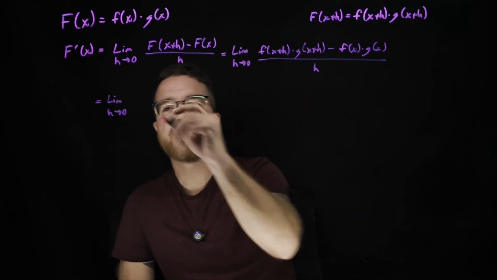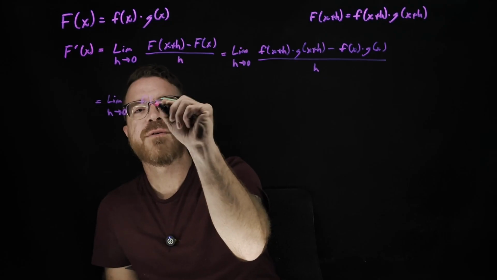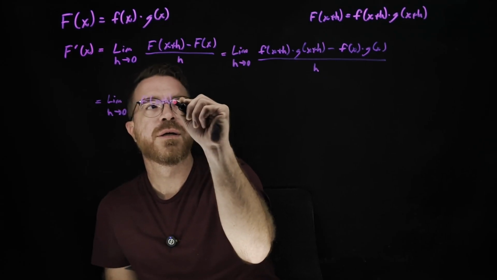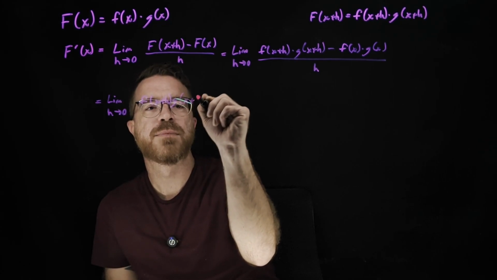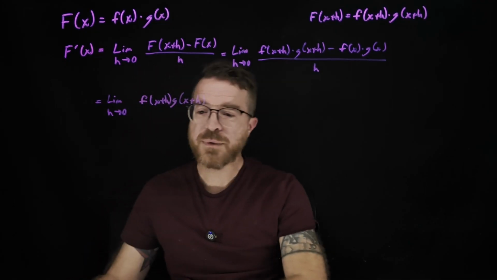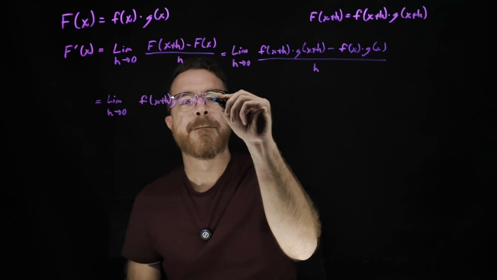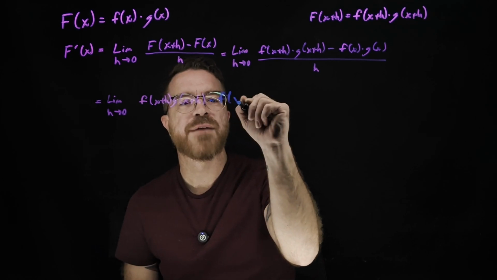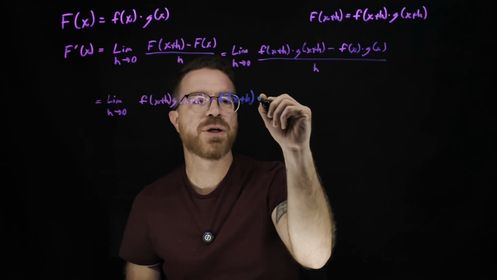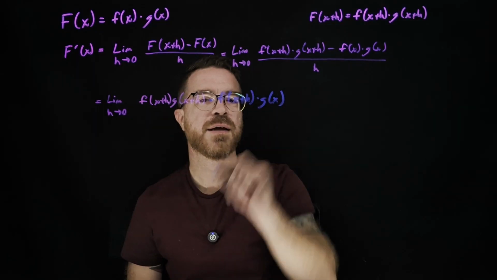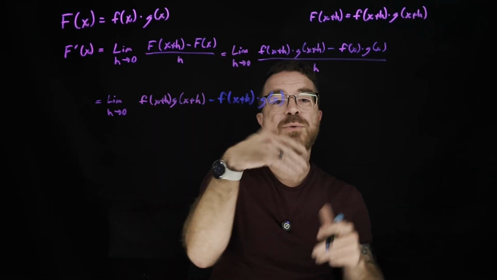So we have our first term here, f of x plus h times g of x plus h. And then now I'm going to bring in my other term, which is going to be minus f of x plus h times g of x. But of course, if I added it in, I also have to subtract it.